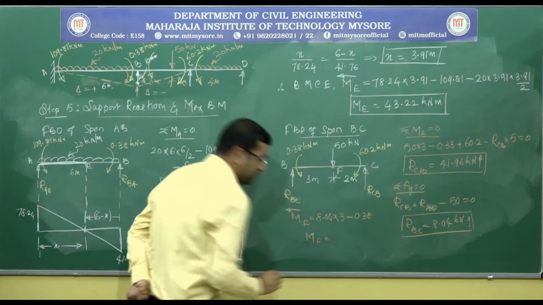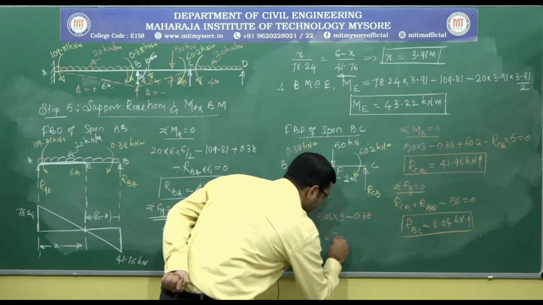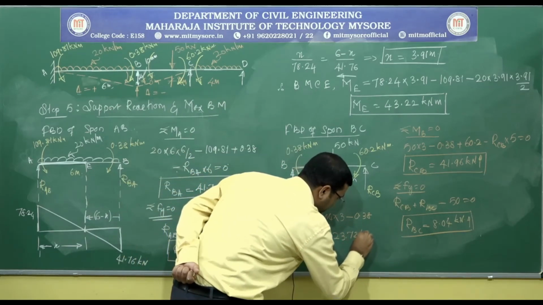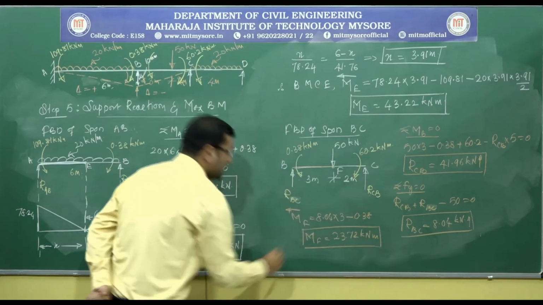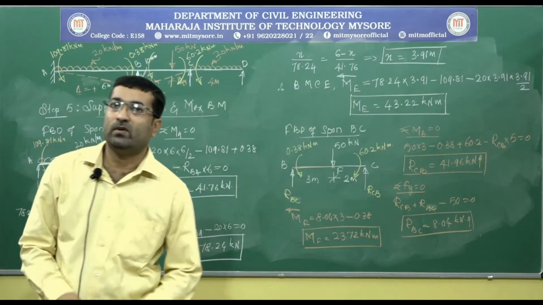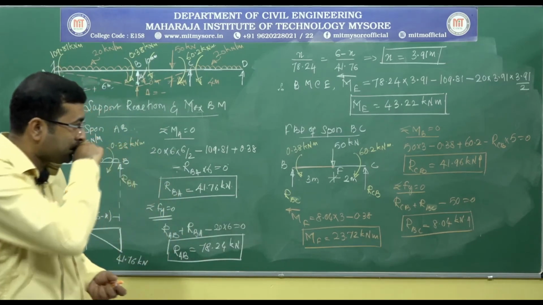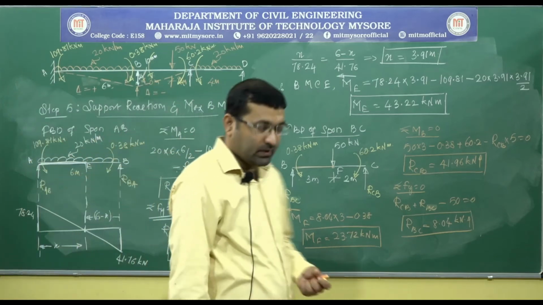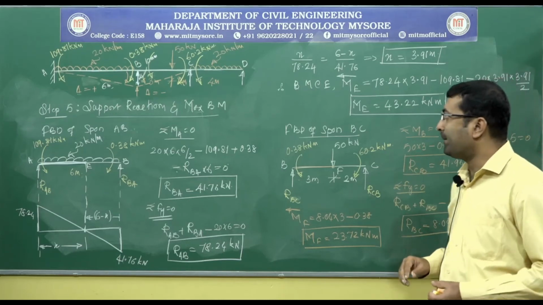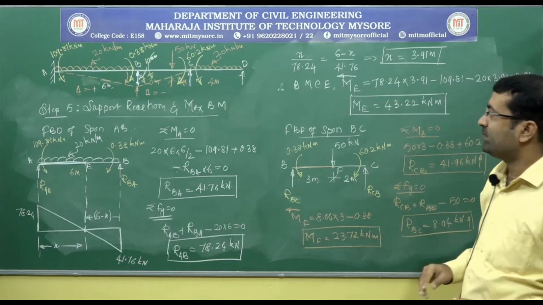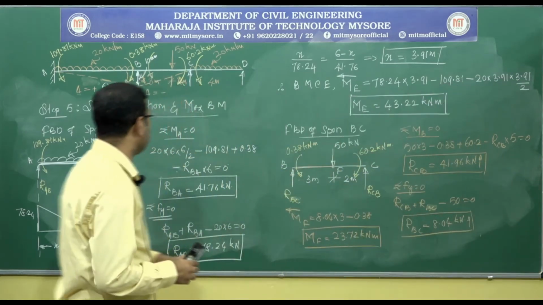So MF is about 23.72 kilonewton meter. This is the maximum bending moment under the concentrated load. Right, so this is about span BC. Now similarly we have to repeat the procedure for the span CD. Let me do that.